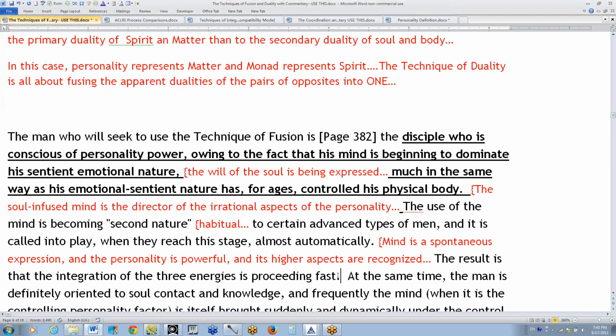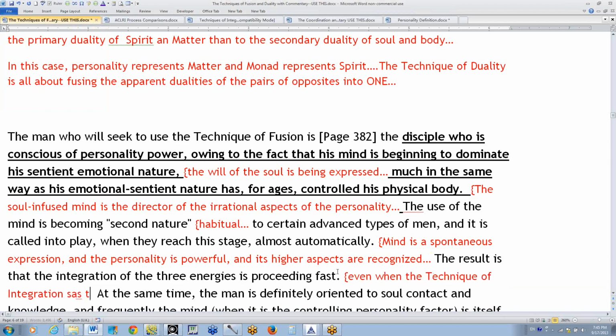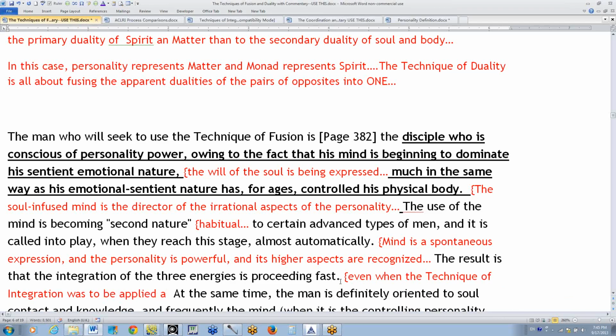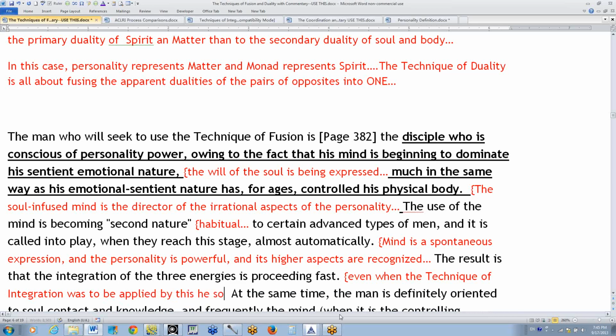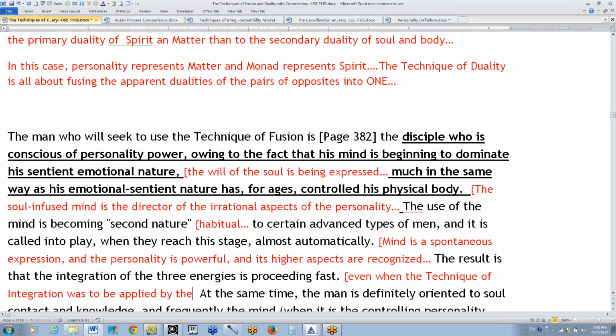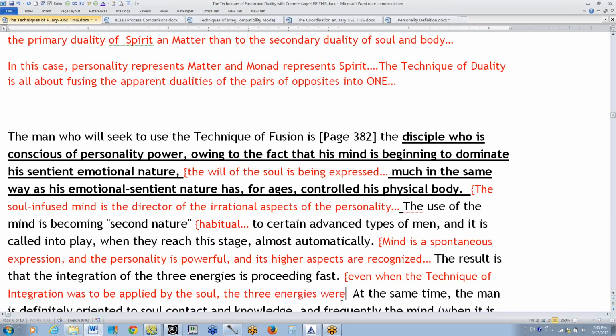Well, even before, even when the technique of integration was to be applied as a soul, or by the soul, the three energies were being rapidly integrated.